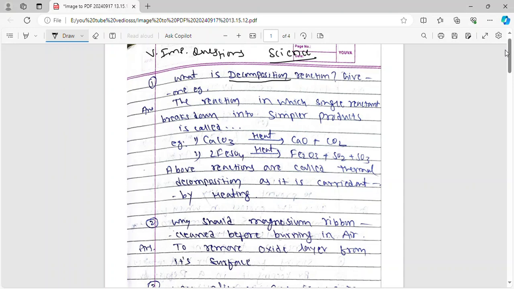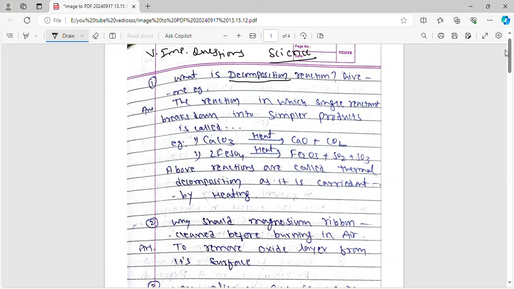There are five characteristics: change in state, change in color, change in temperature, evolution of gas, and formation of precipitate.